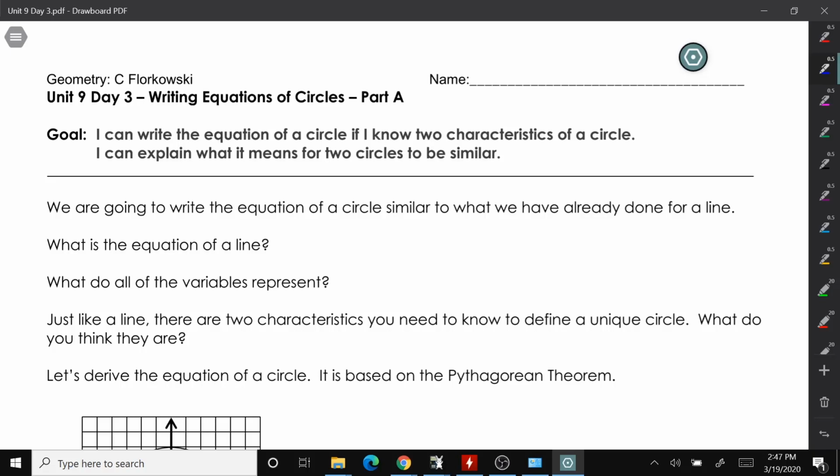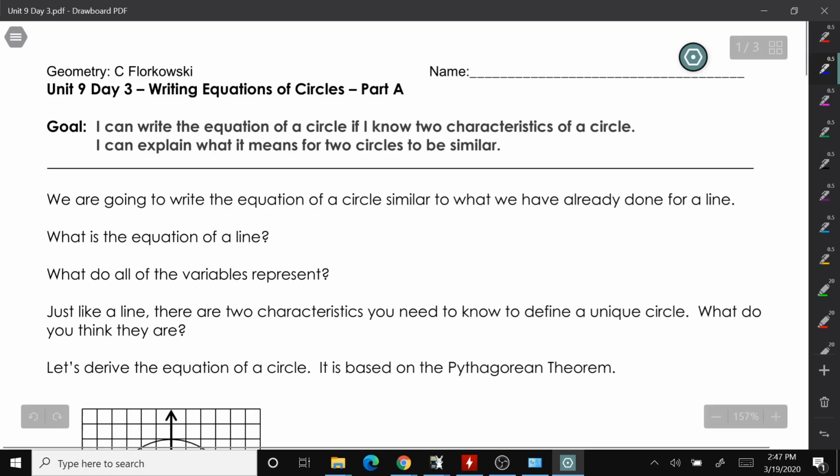Alright, so today we're going to talk about equations of circles. But before we do that, we're going to compare them to an equation of a line.